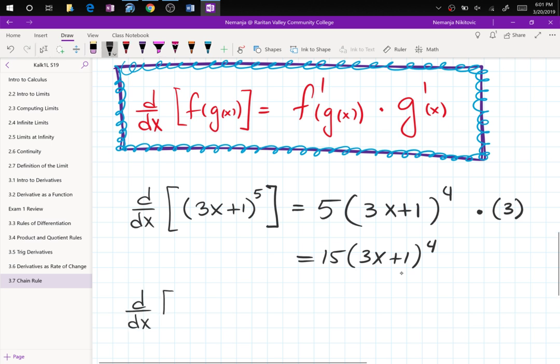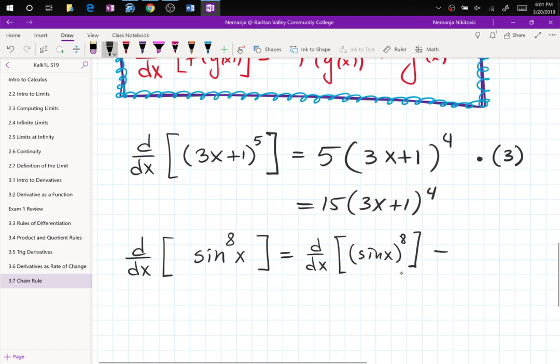Let's take a look at the derivative of sine to the 8th power of x. You say, well, I can rewrite this as the derivative of (sine x) to the 8th power. And this is where you can go with the attitude.